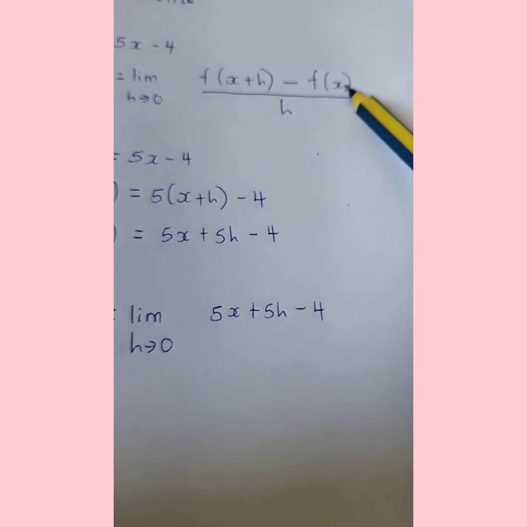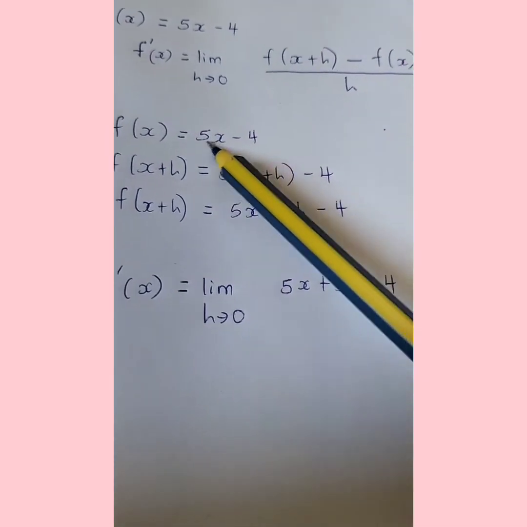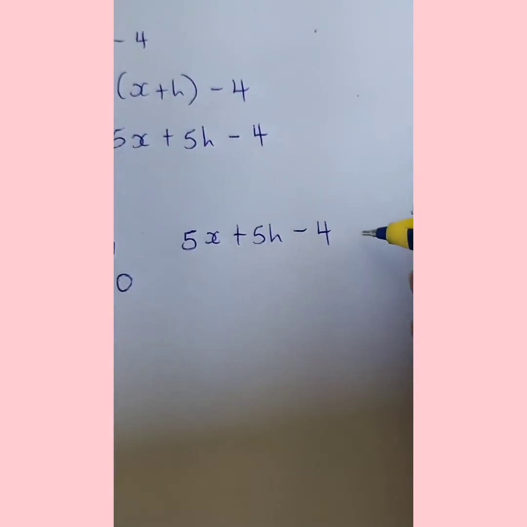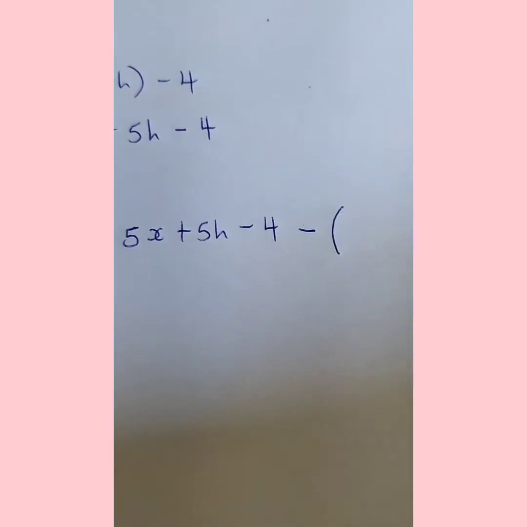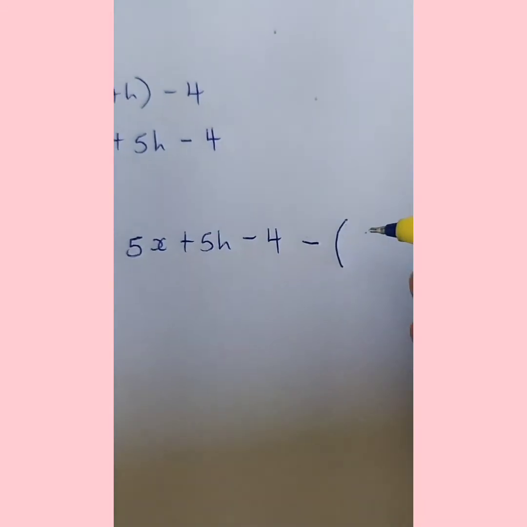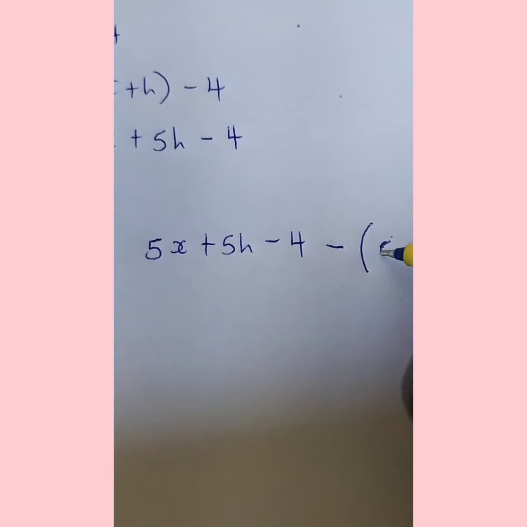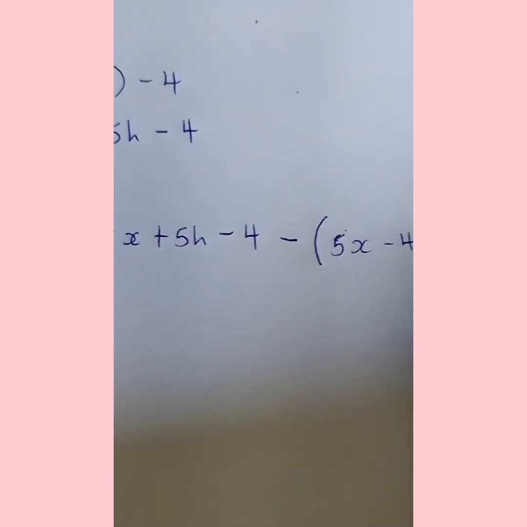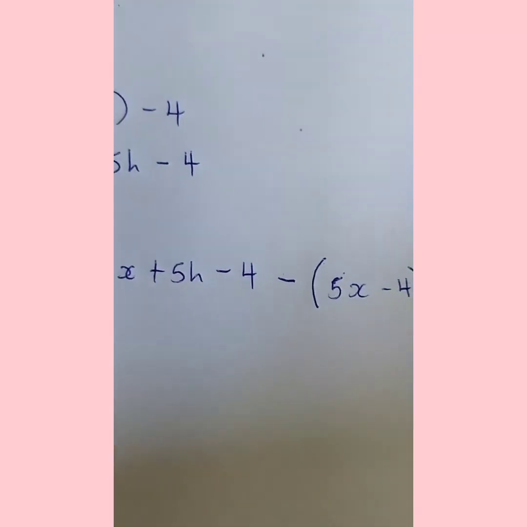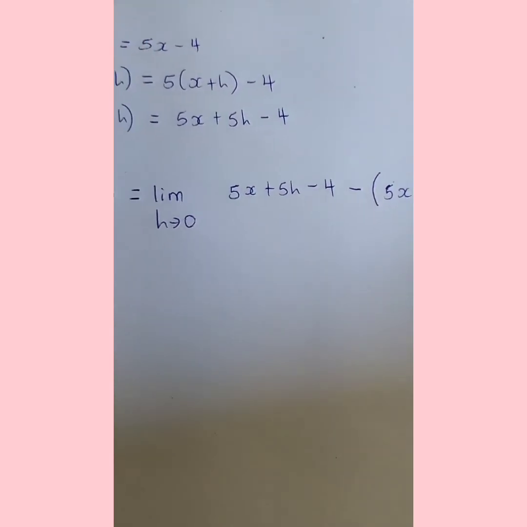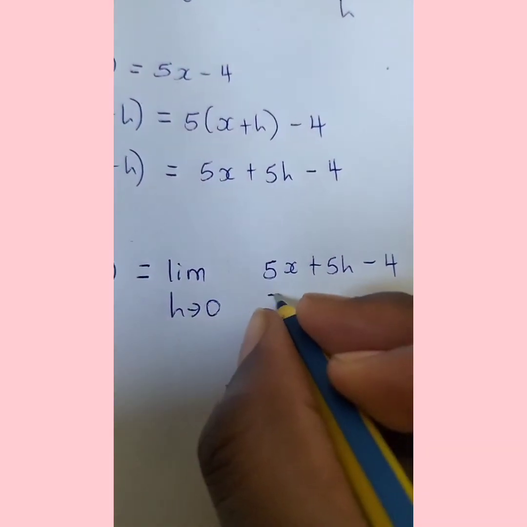Then you subtract the function of x, this one, 5x minus 4. Remember to put in brackets, because it will affect the signs. Then all of this over h.